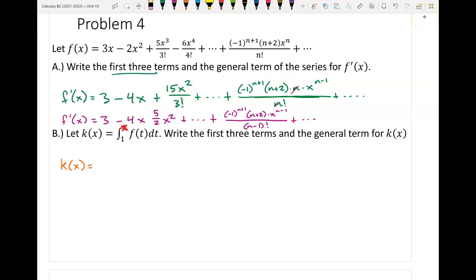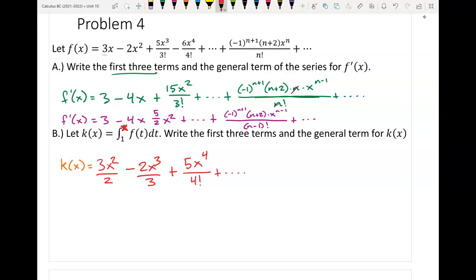So if I want to find k of x, all I need to do is integrate every single term all the way down. And we'll just have x in there, right? So we'll have 3x squared over 2 minus 2x cubed over 3. We want the first 3 terms. So plus 5x to the 4th over 4 times 3 factorial, which becomes 4 factorial.